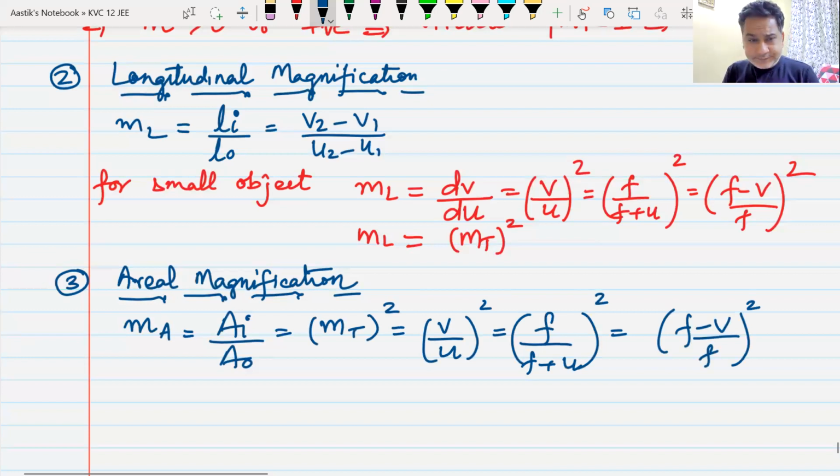Are we done? Shall we move? Write the areal magnification formula.